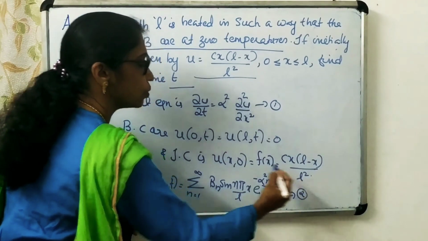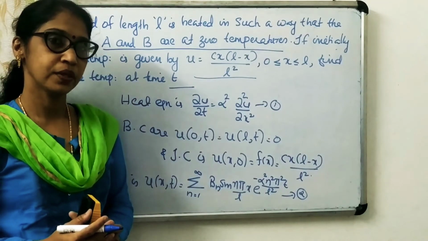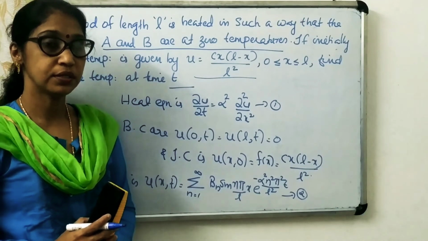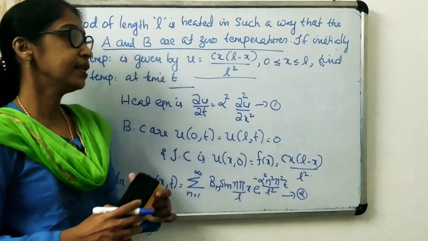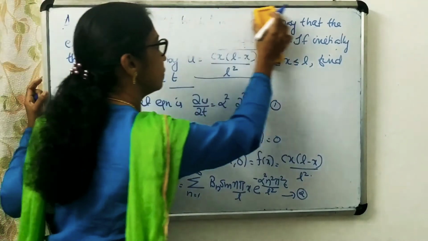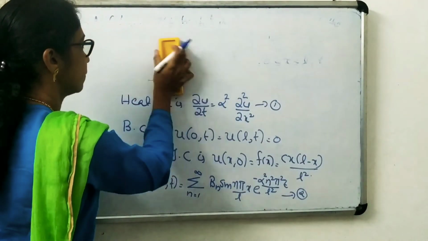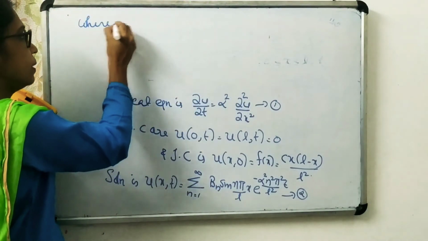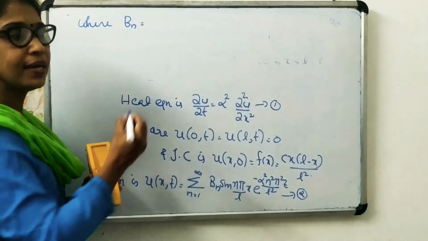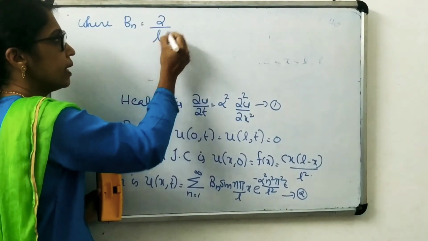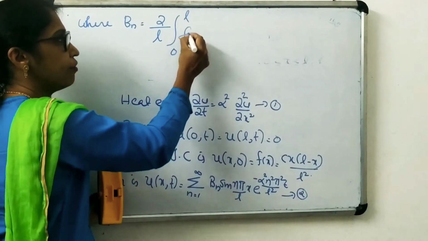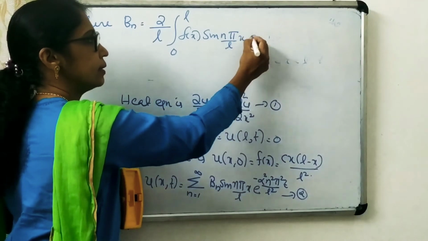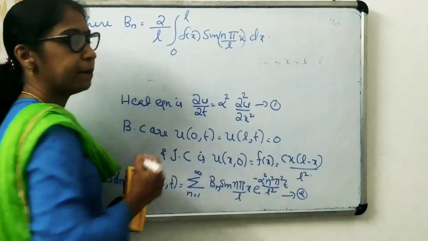So this is the solution of the heat equation. Okay. Now we have to evaluate this Bn, and we know the formula for Bn. Bn = (2/L) ∫ from 0 to L of f(x) sin(nπx/L) dx. So this is Bn.